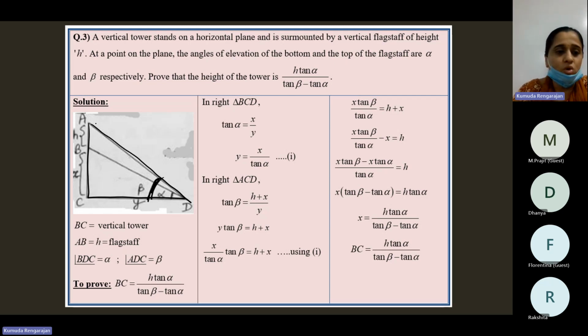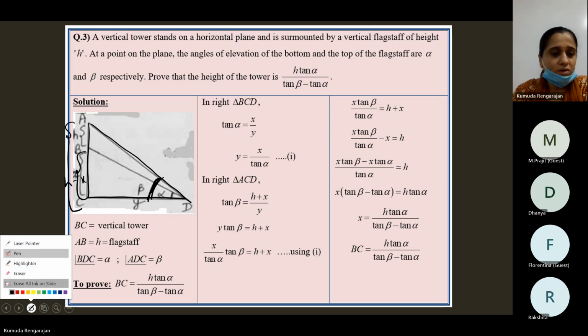And one more thing, children, don't call the whole thing as something and then say the remaining is h minus x. Don't do all that. Mark the line segments independently. Don't call something fully as x and then a part of it is this minus this. If there are three smaller line segments, mark each of them individually, like what I've done here.